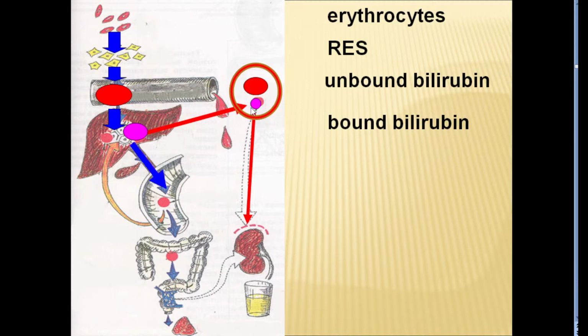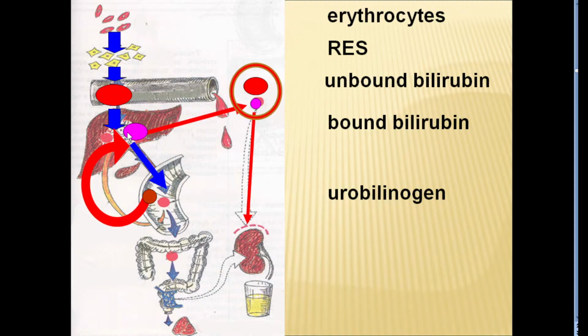Normally, bound bilirubin, together with bile, enters into the duodenum where urobilinogen is formed, and normally it's completely absorbed into the blood and comes back into the liver along the system of the portal vein.